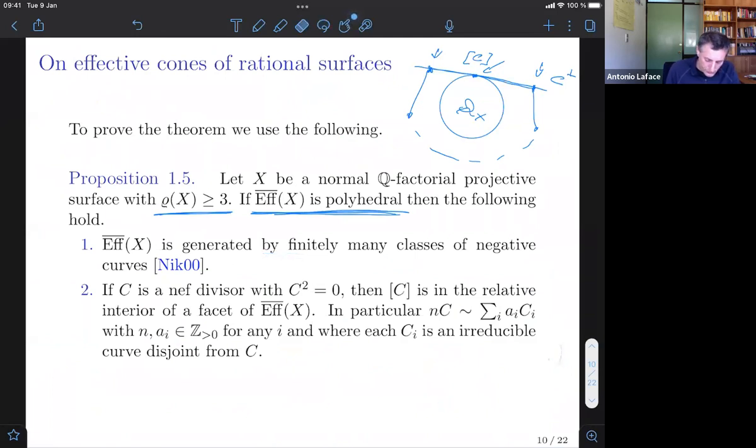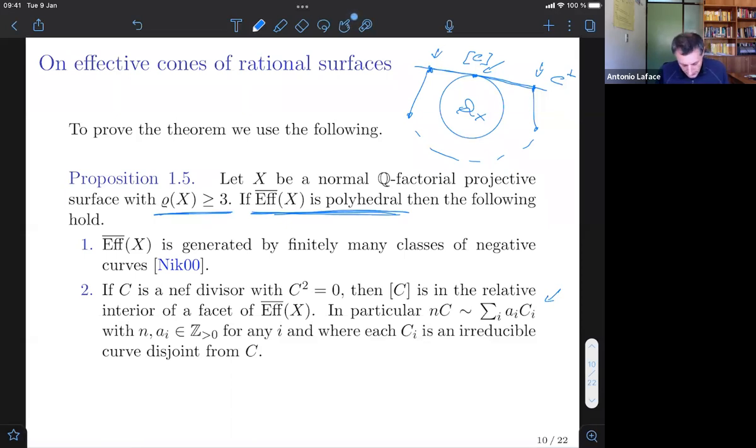What we want to show is that this is not possible because there are not enough negative curves in C orthogonal. So we cannot write C using these curves. So this means in some sense to be able to control negative curves in C orthogonal.